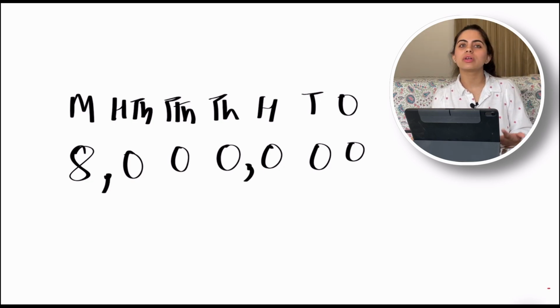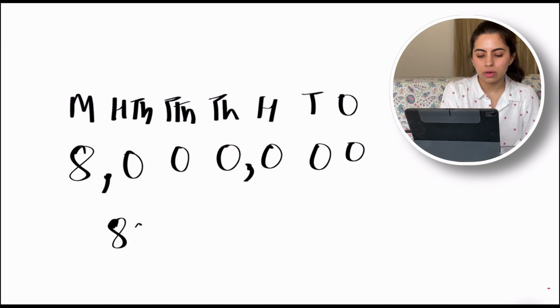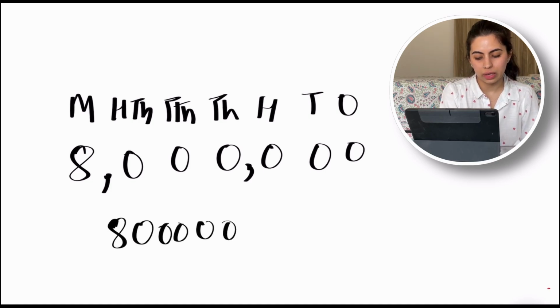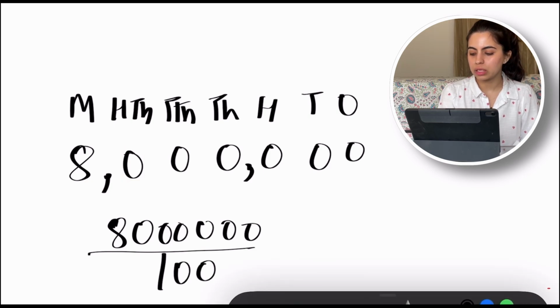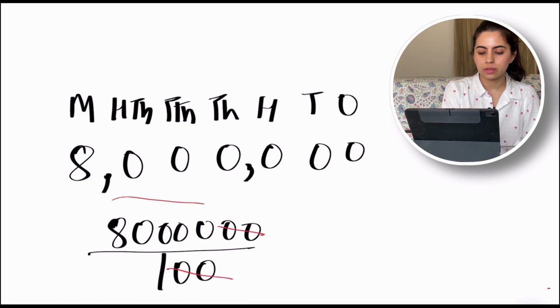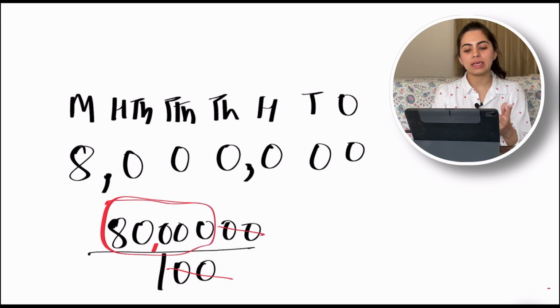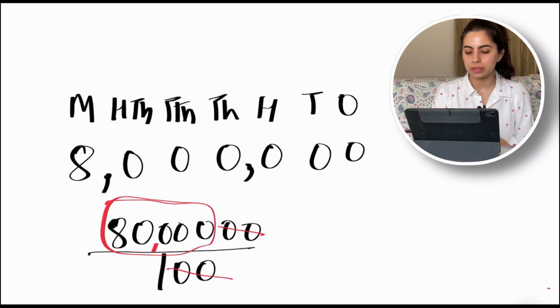How many hundreds are there in 8 million? So again, you just write 8 million, divide this by 100, and you will see how many hundreds are there. Now, when you say this, there are 80,000 hundreds in 8 million.